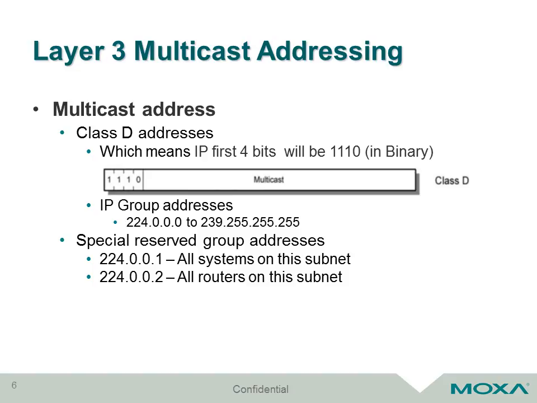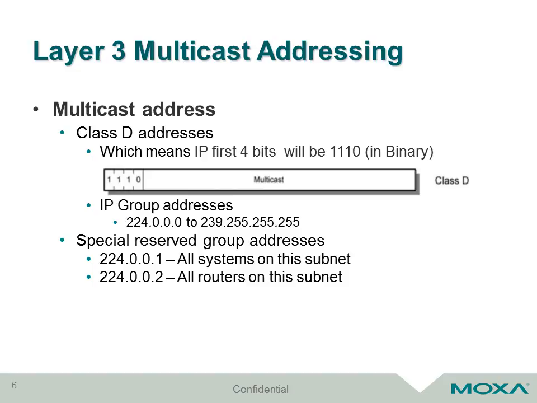And the multicast group addresses are from 224.0.0.0 to 239.255.255.255.